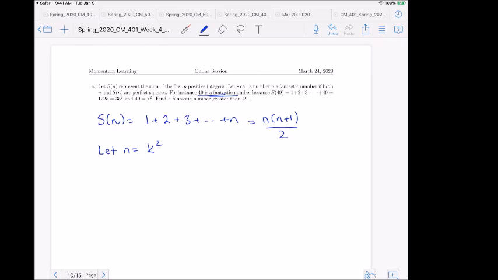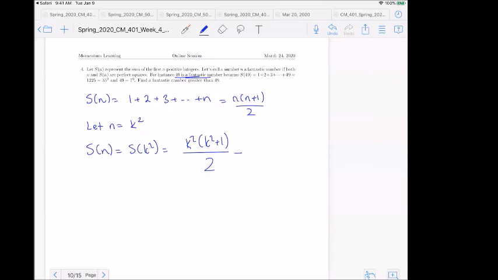So S of n, which is the same as S of k squared, is equal to k squared times k squared plus 1 over 2. Now, we want this to be a perfect square.